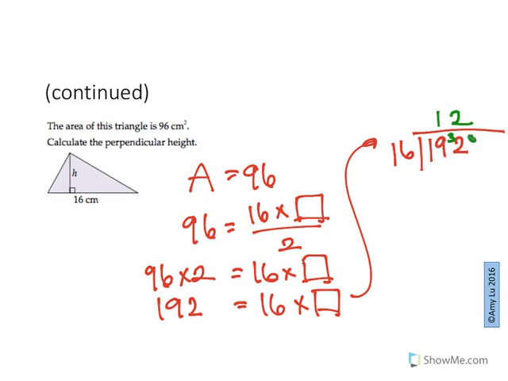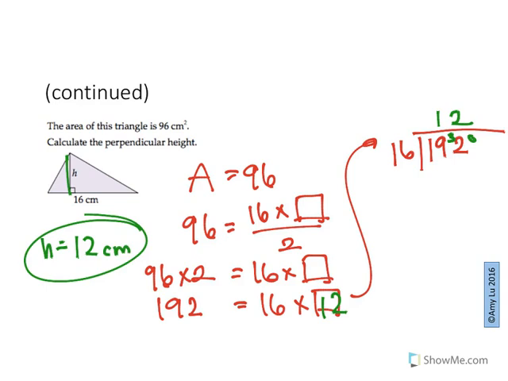So therefore, the mysterious missing number is 12. So the height is 12, and because it's a measurement, one dimension, it's centimeters, and that's it, because our area was squared, centimeters squared. And that's it.